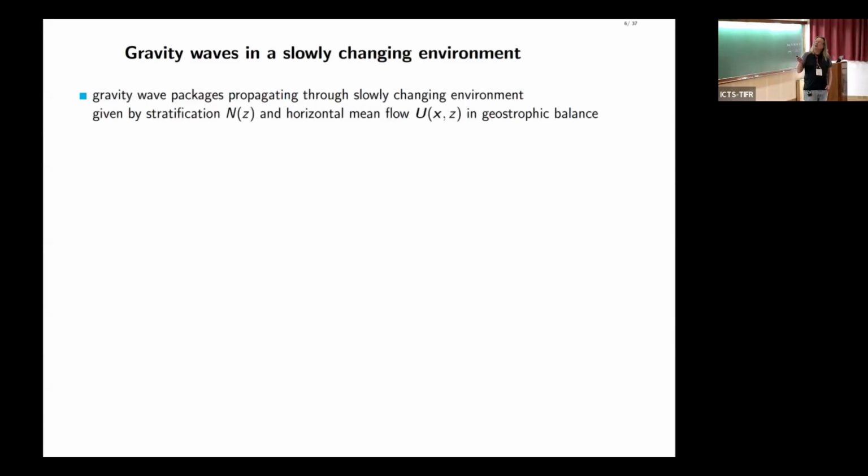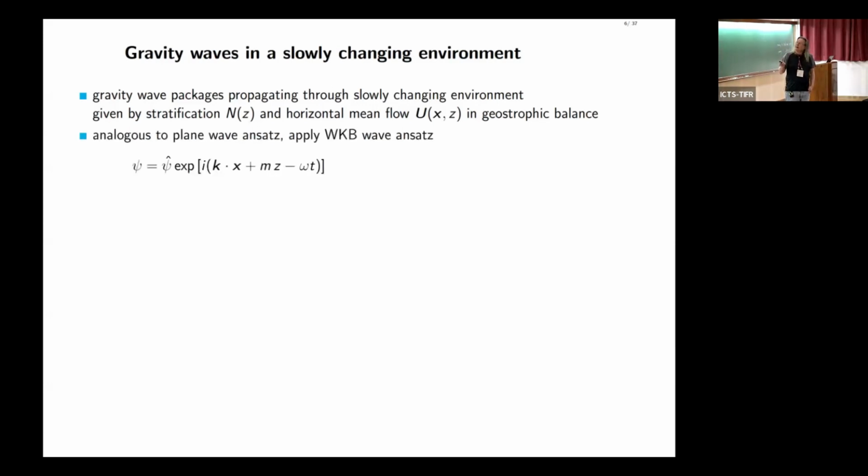So we have a slowly changing environment in terms of this N, which is now a function of z, and also the mean flow, which we introduce here, also changes in horizontal position x and in vertical position z. The mean flow is supposed to be only horizontal, and it's in geostrophic balance, which we suppress here, but we have these relations.